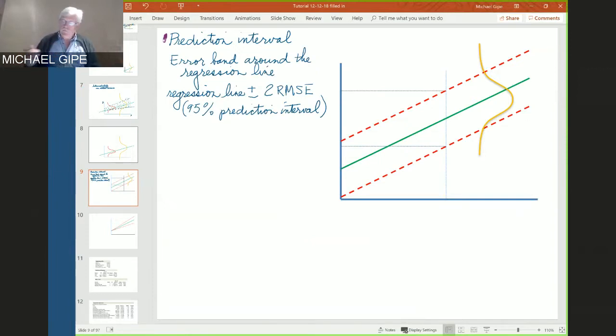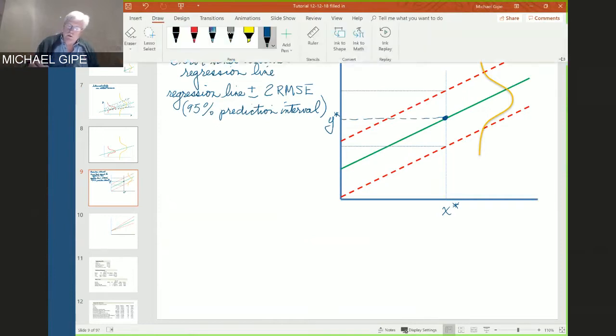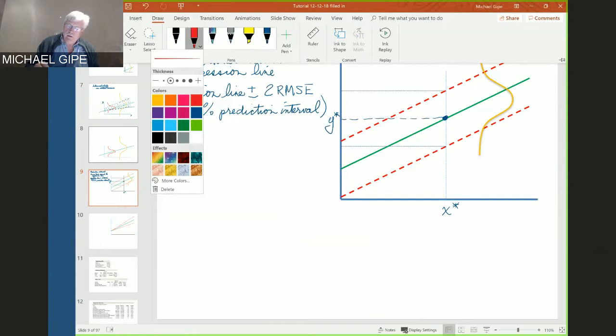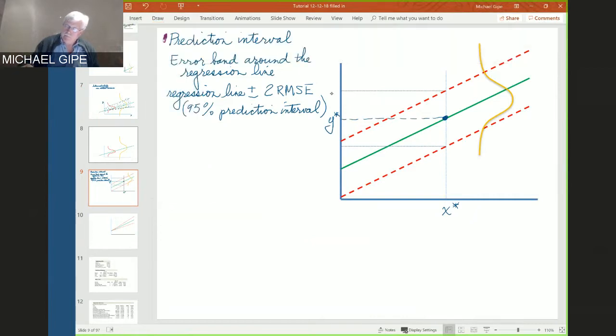And so when we come up with a new value of x, let's call it x star, our regression model allows us to predict some value of y here, but we know that if we actually had a real data point there, it could be anywhere in that range, in this prediction interval, plus or minus 2 RMSE above or below y star.